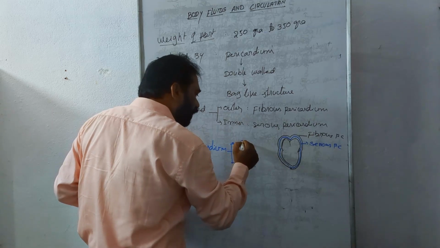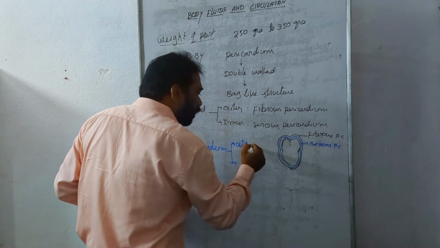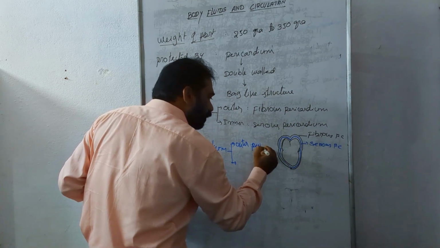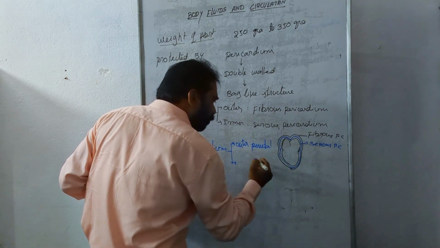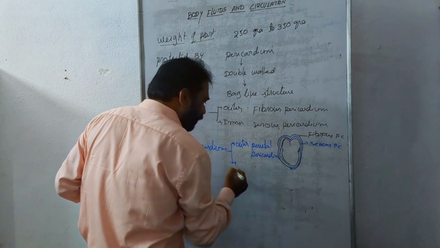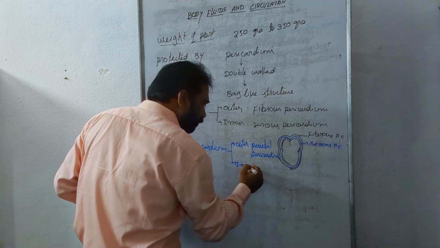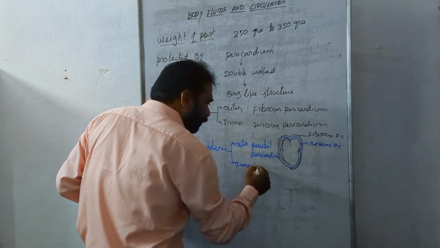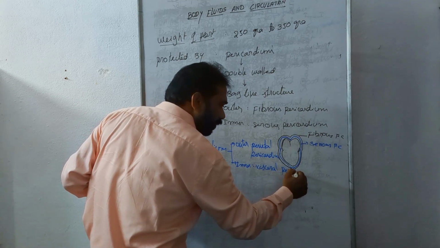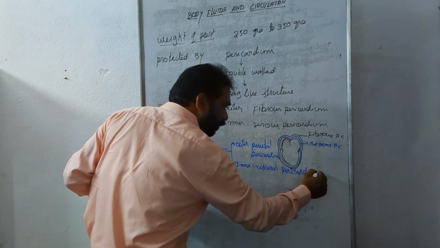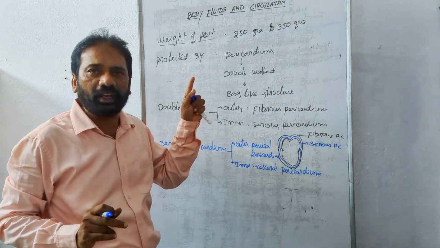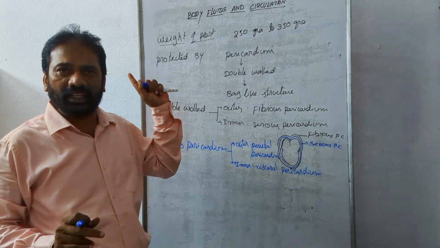Outer layer, parietal pericardium, then inner, visceral pericardium. Parietal pericardium and visceral pericardium. These two layers we are identifying.